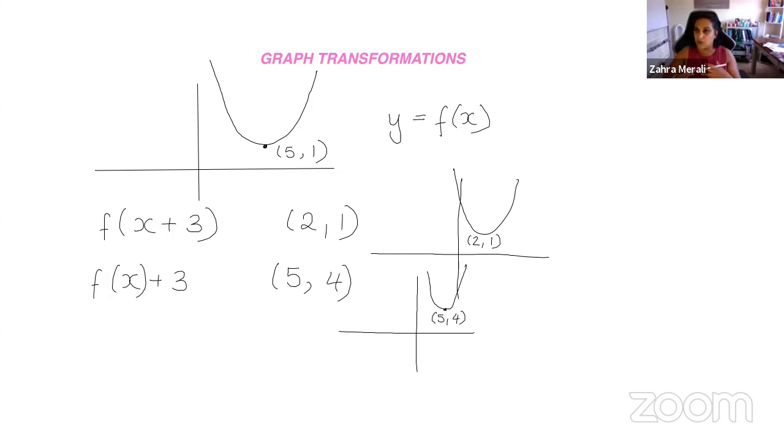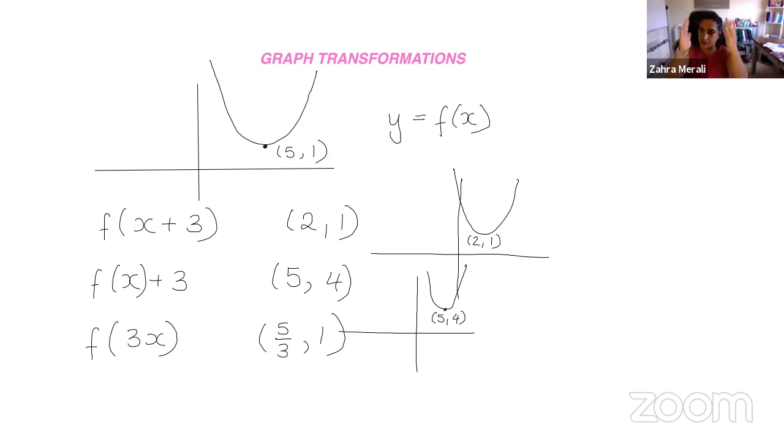Now let's think about if we've got something inside the bracket. So now let's say inside the bracket, we've got 3x. We know the y coordinate hasn't changed, so the y coordinate is still a 1. But 3x means 3 times x, but it's the x's which are doing silly things. So in fact, instead of timesing by 3, we're going to divide by 3.